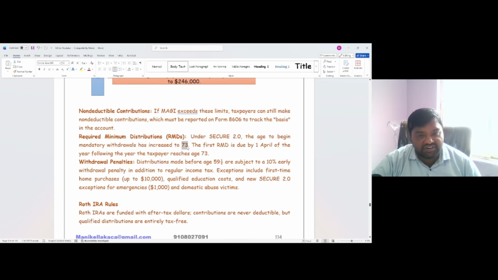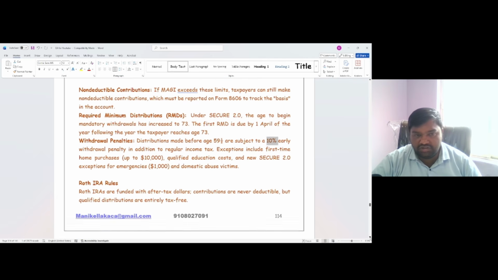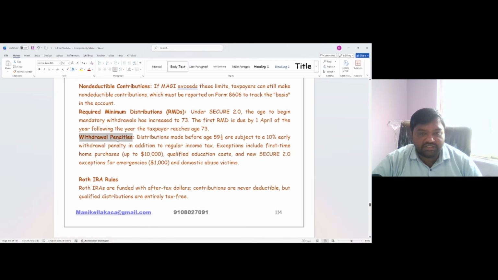This is compulsory withdrawal, and there are some exceptions. This I have already told. Withdrawal penalties: distributions made before 59.5 years of age are subject to a 10% early withdrawal penalty. There are some exceptions to this. First is your home purchase. Up to $10,000, they won't charge you this 10% penalty.